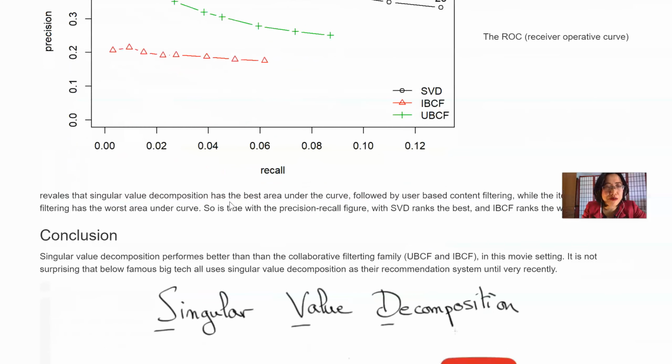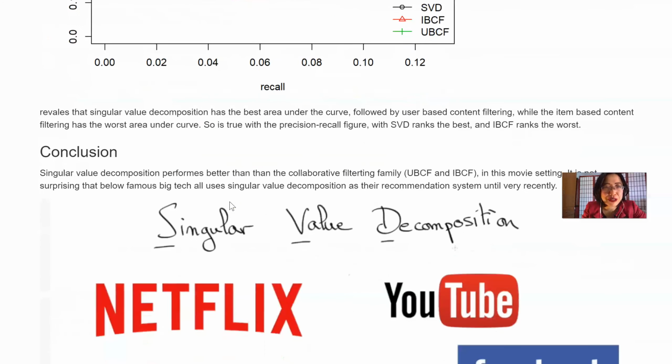So judging from all the performances as well as the evaluators, we conclude that singular value decomposition is the best model for us. Among the two families of collaborative filtering, user-based collaborative filtering performs better than item-based.